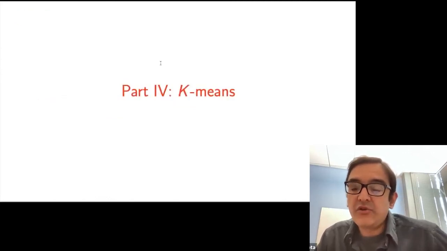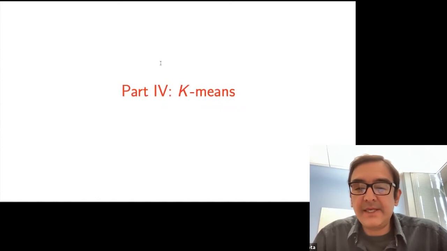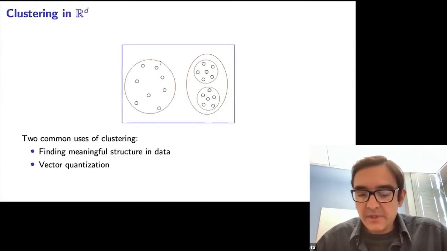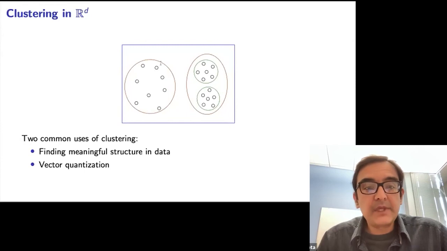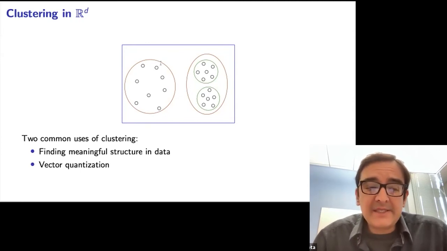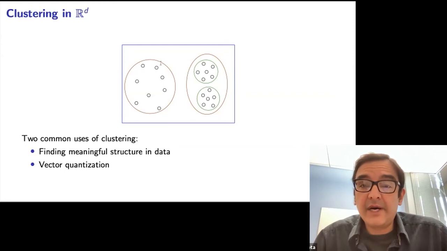I also wanted to talk briefly about k-means, since I think there's a very interesting open problem over here. I was mentioning these two distinct uses of clustering, finding structure in data versus vector quantization. And k-means is basically the canonical vector quantization cost function.